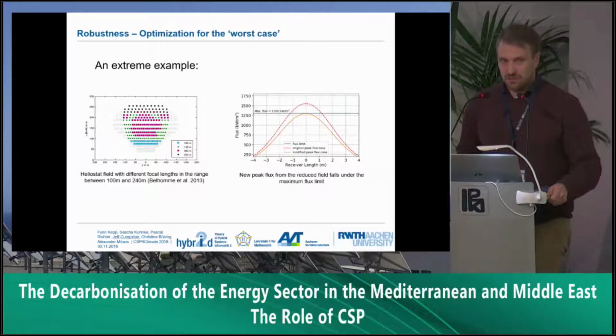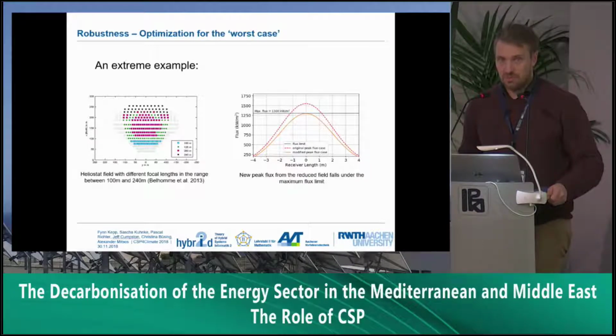Let's make sure that even in the worst case, we don't exceed that maximum flux distribution, so that any optimal value that we come up with later is sure to not exceed that. And so they switched off about 30% of the heliostats for that simulation.